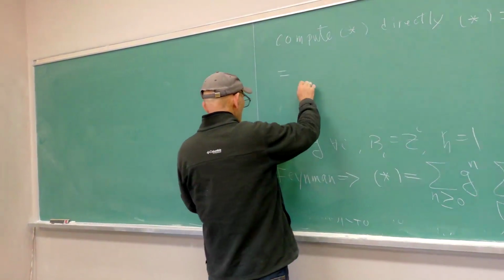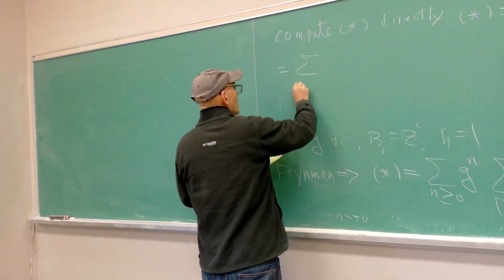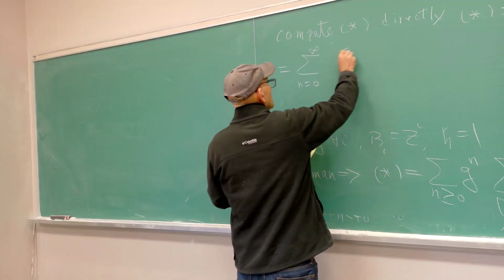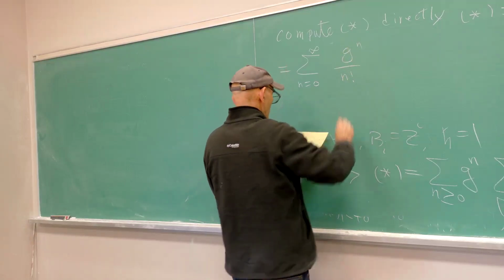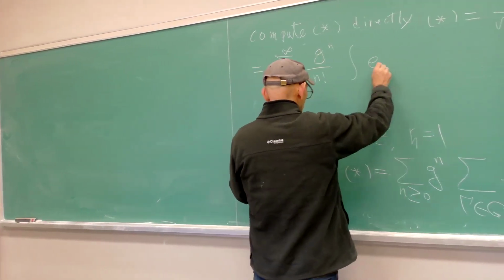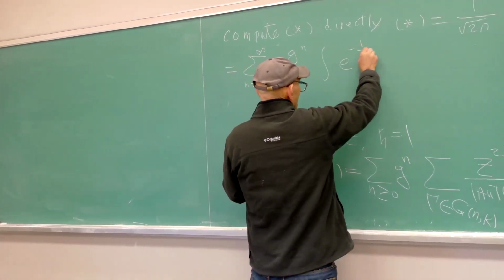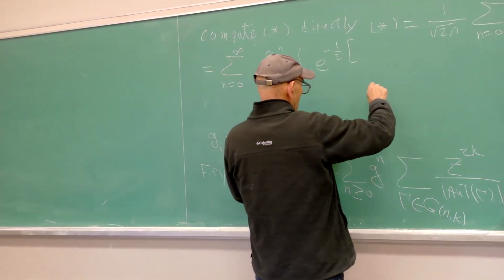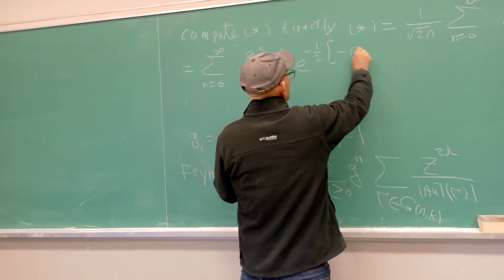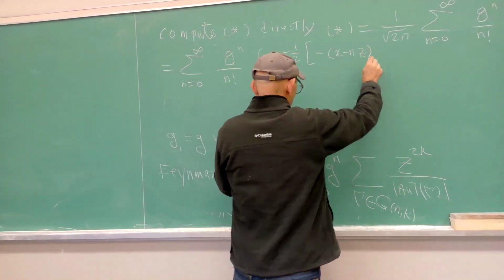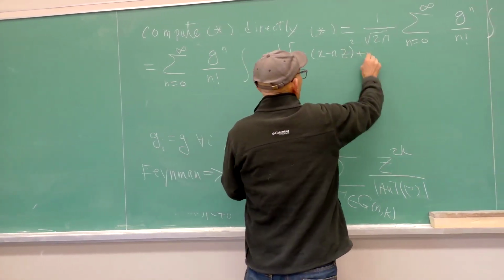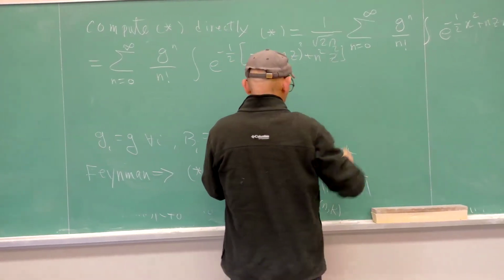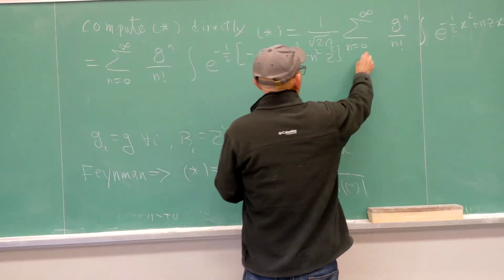This is equal to sigma from 0 to infinity, gn over n factorial, integral exponential of minus 1/2 (x minus nz) squared plus n squared z squared dx.